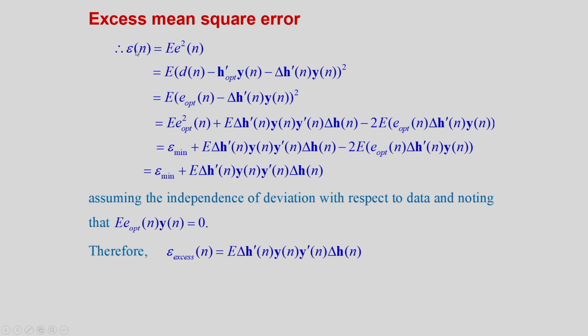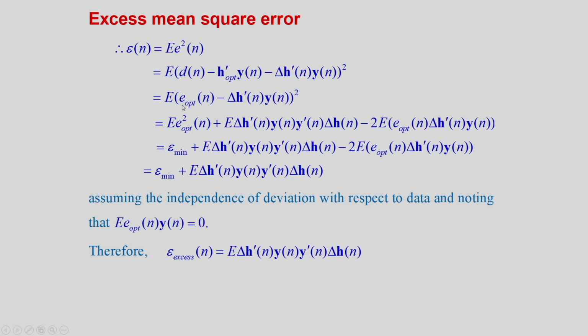Therefore, the mean square error, MSE, is equal to E of e square n, which is equal to E of dn minus H opt transpose into yn minus delta Hn transpose into yn, whole square. This is the mean square error. Now, this part is the error due to the optimum Wiener filter. We denote it by e opt n.